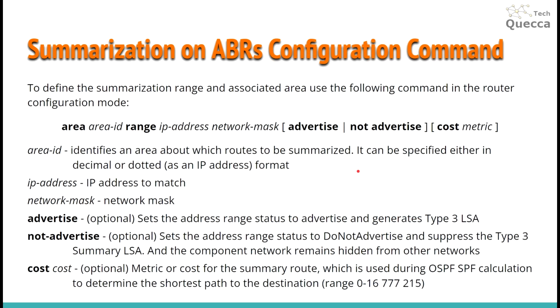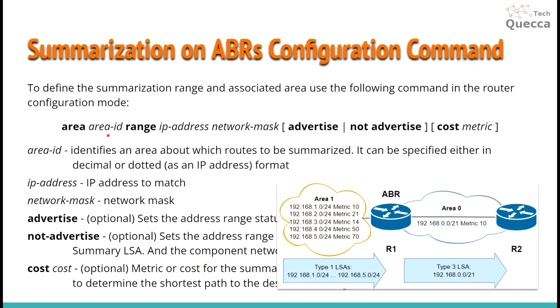Let's review the command to configure summarization on ABRs. This is the command, and it needs to be configured in router configuration mode. The command is area ID range, IP address, network mask, two optional keywords, and then you can configure a metric for this summarized address. Area ID identifies the area whose routes are to be summarized.